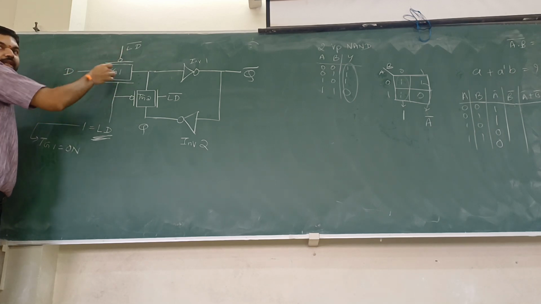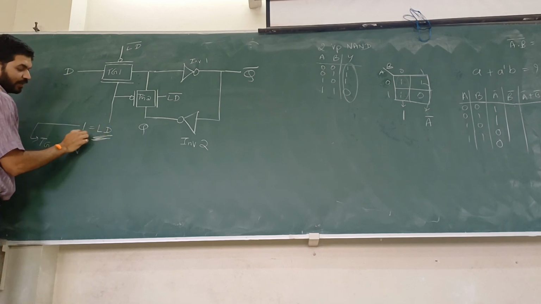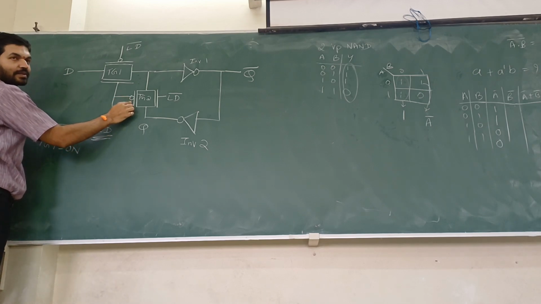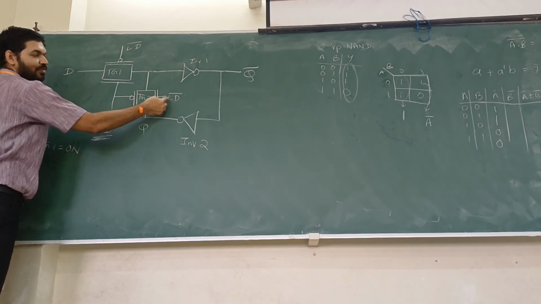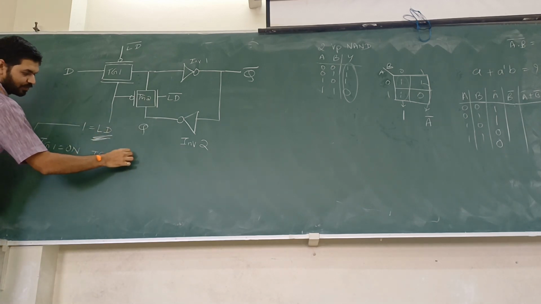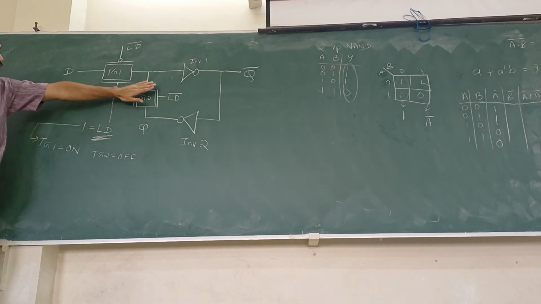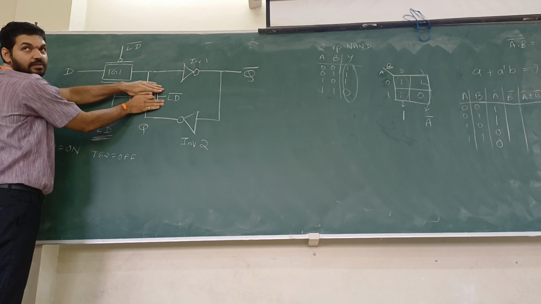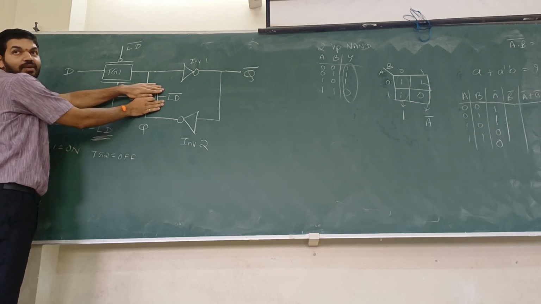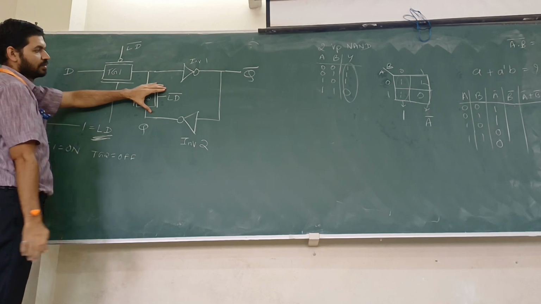Both are on. Therefore TG1 is on. TG2: 1 is going to the gate of PMOS, off. Here also off. So TG2 is off. This is on, this is off. Off means there is no connection. Open circuit. No connection between this point and this point.